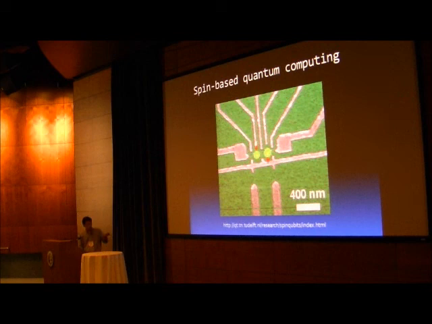Just like what is depicted here, this is a scanning electron micrograph, some work done at Delft University, basically a system that can hold two electrons, and they've gotten very, very good at this with gallium arsenide-based structures. So the question is, can you do this with these oxides?